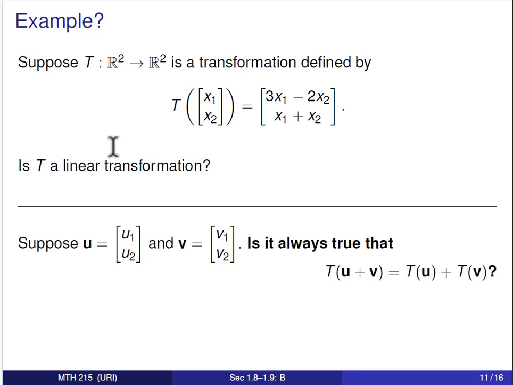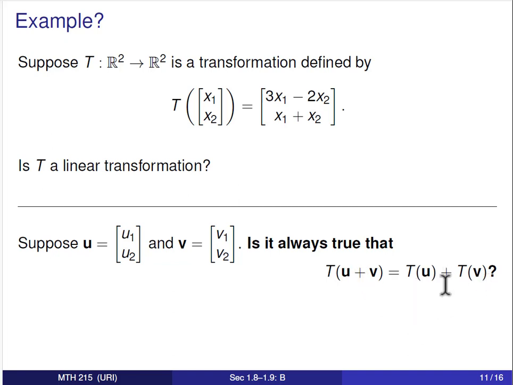So we're going to see if T of u plus v is equal to T of u plus T of v. Now, how do we do that if we don't have u and v specifically given to us? What we'll do is represent u and v generically. We'll put u1, u2 for the entries of u, v1, v2 for the entries of v, and we're going to use this rule to figure out what T of u plus v is, and what T of u plus T of v is, and we'll see whether the two sides are equal to each other.